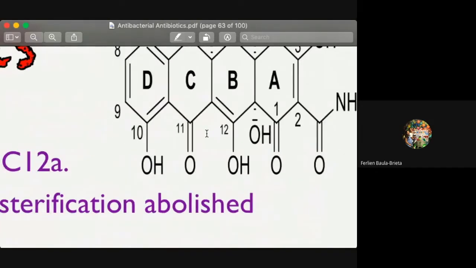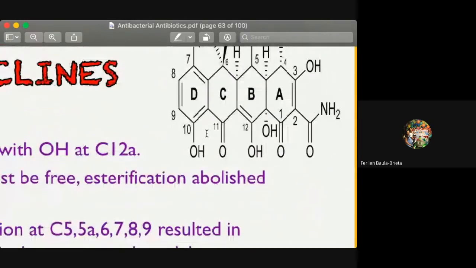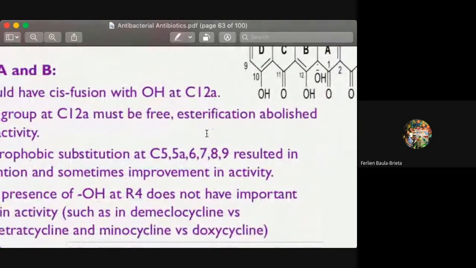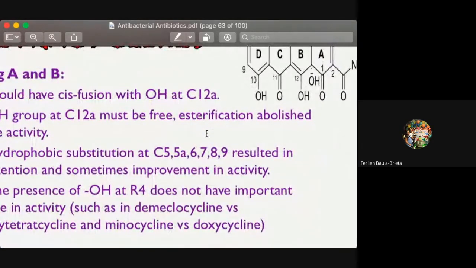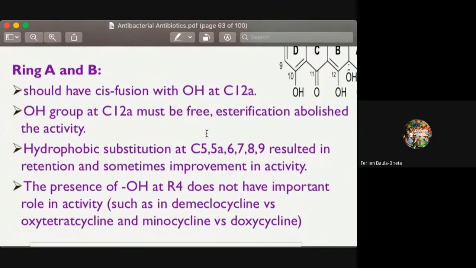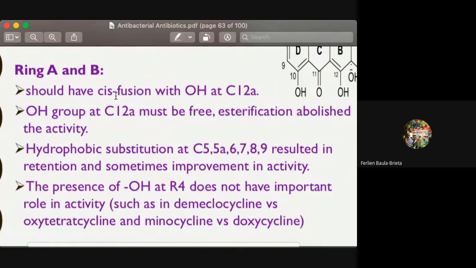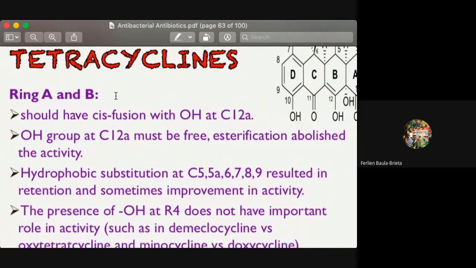If you can recall your organic chemistry, if they are both positioned on top or at the bottom, it is called cis configuration. So therefore, it's a cis fusion with hydroxyl functional group. So OH group at C12A must be free.